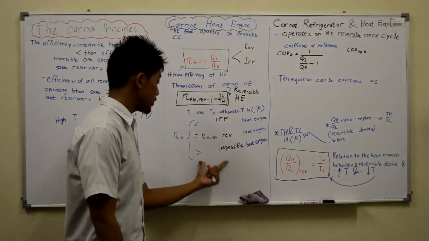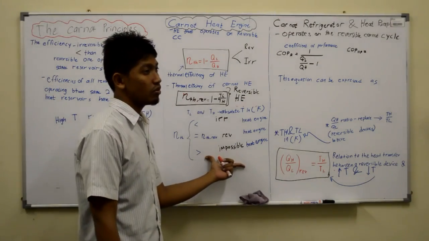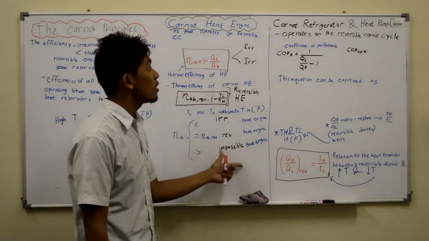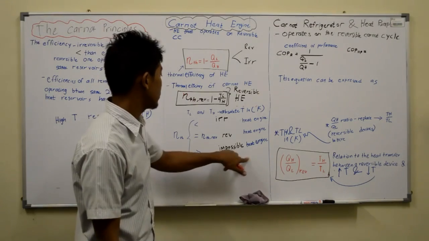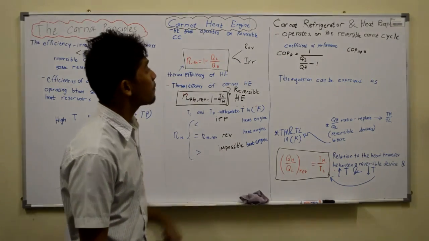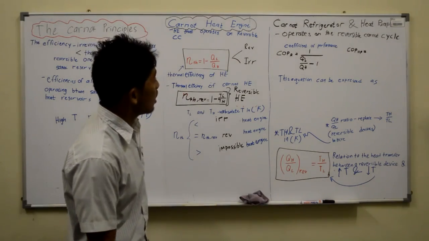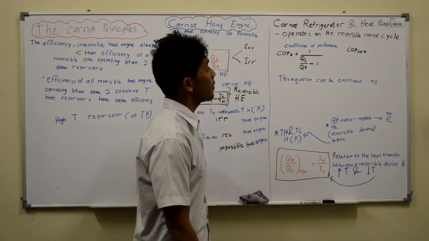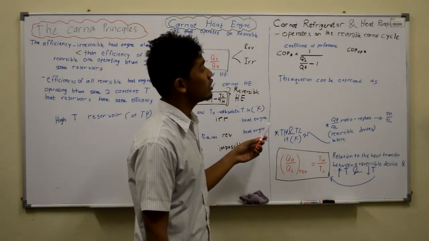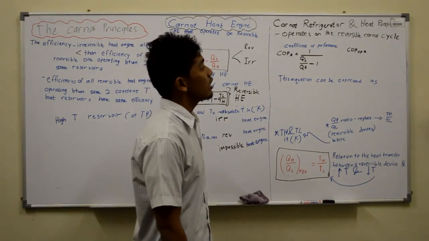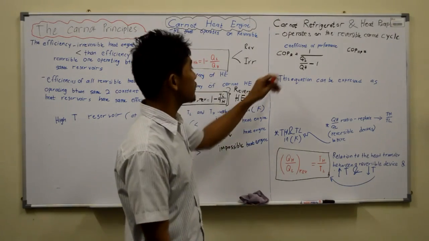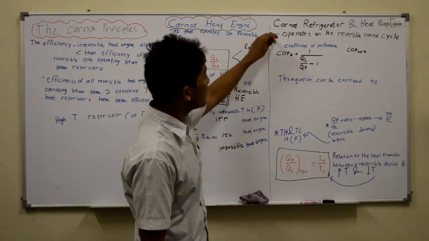This last case will not occur in our life; it is only a theory. Then we move to the Carnot refrigerator and heat pump, which operate on the reversible Carnot cycle, discussed in the last slide.